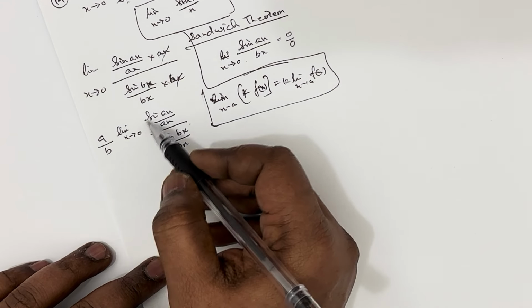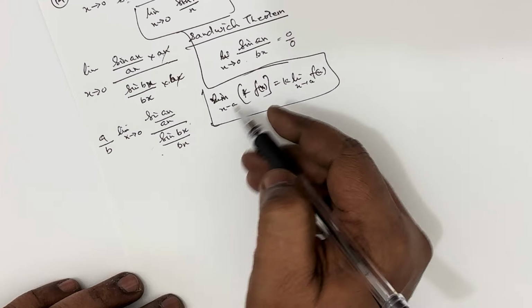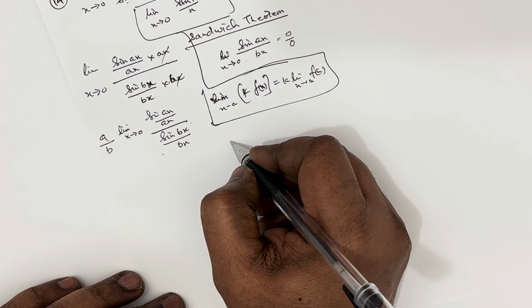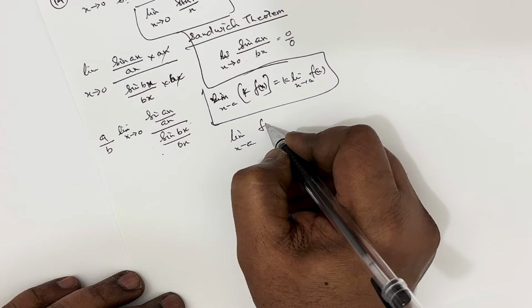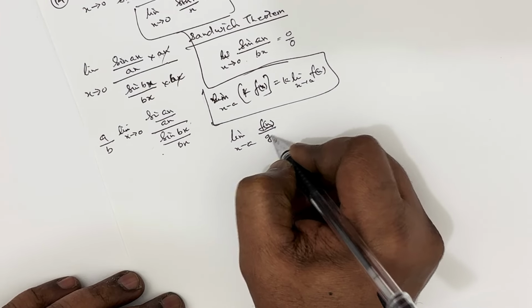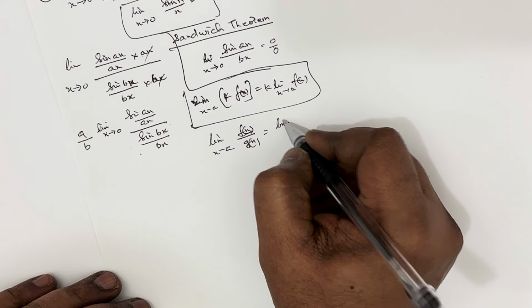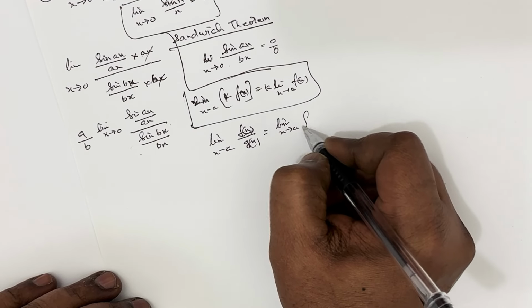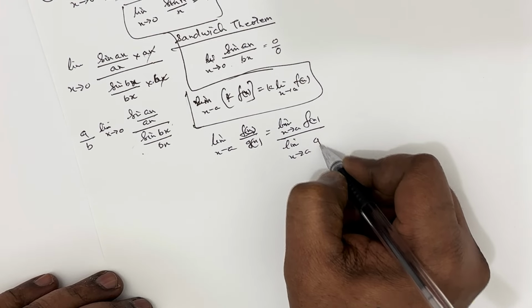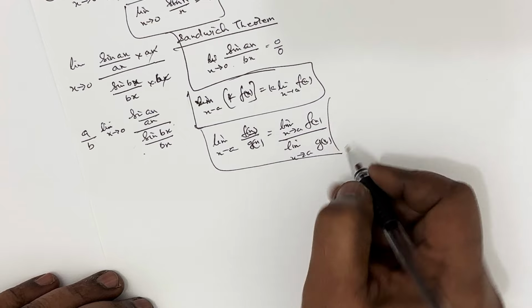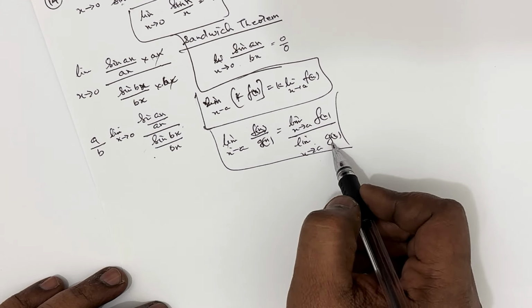Now again, we can split this limit to both the numerator and denominator. That is also a theorem: limit x tends to a of f of x divided by g of x, these are two functions, can be written as limit x tends to a of f of x, whole divided by limit x tends to a of g of x. In the same way, here the limit is split to both the numerator and denominator.